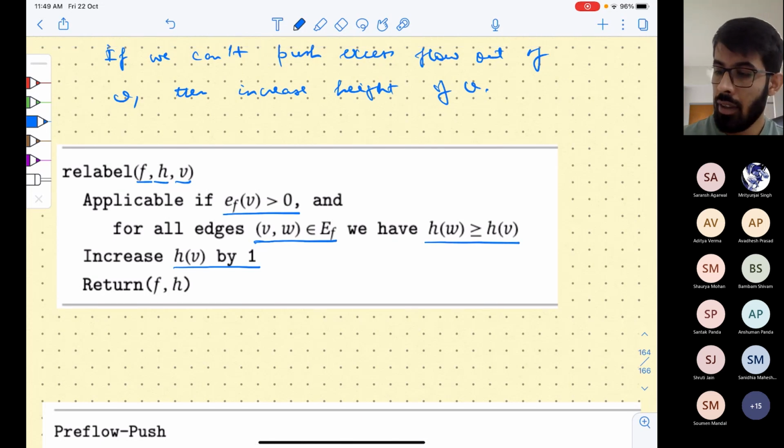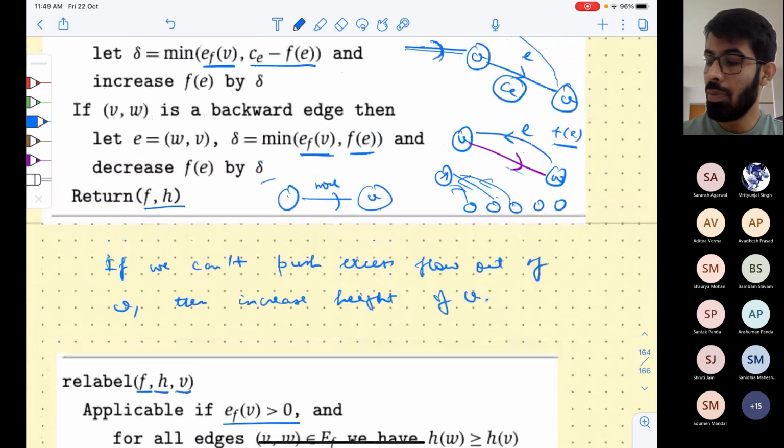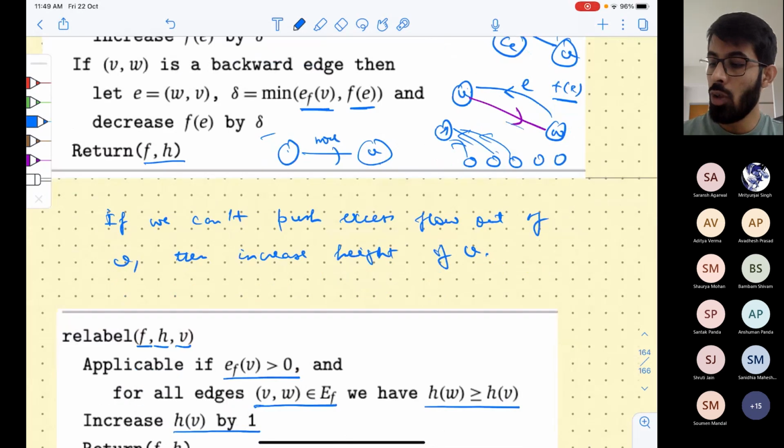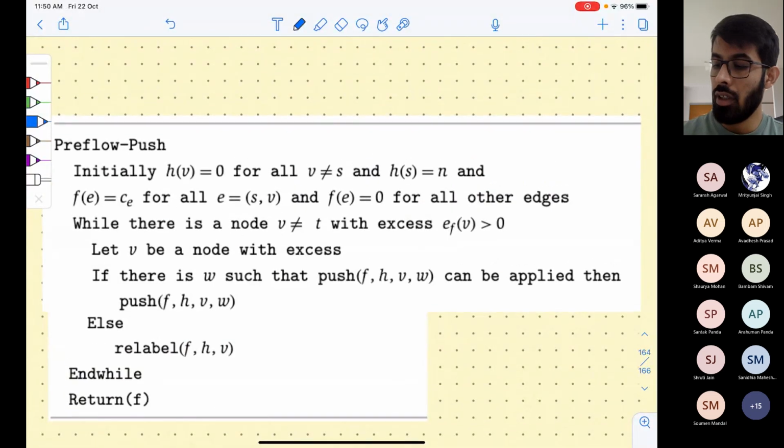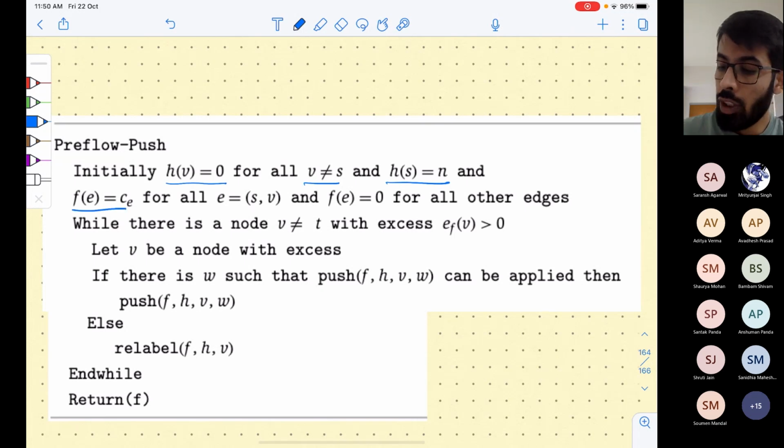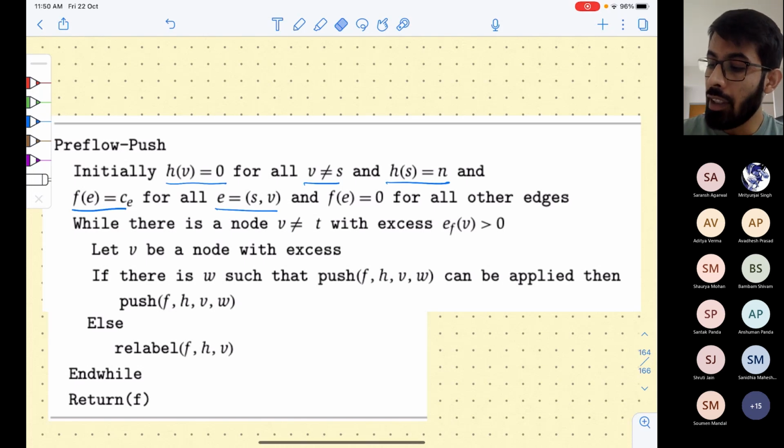This is it. And this basically now is the whole algorithm. So let's look at the algorithm. What does the algorithm do? Initially H(V) is equal to 0 for all V not equal to S and H(S) is equal to N, that we have already seen. Now f is equal to c for all edges going out of S. f is equal to 0 for all other edges.